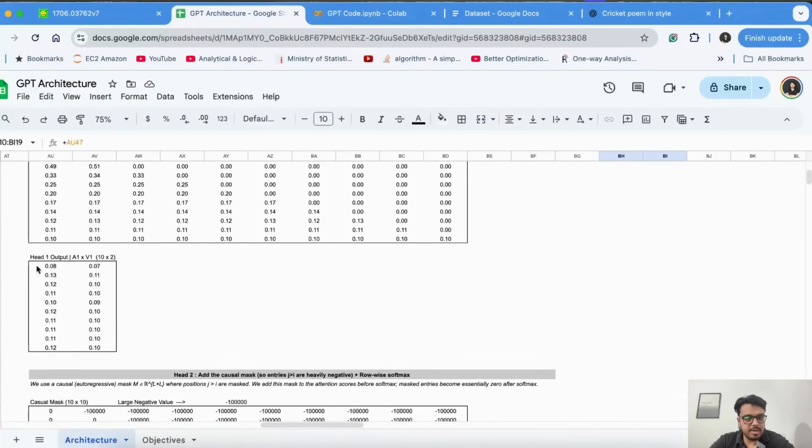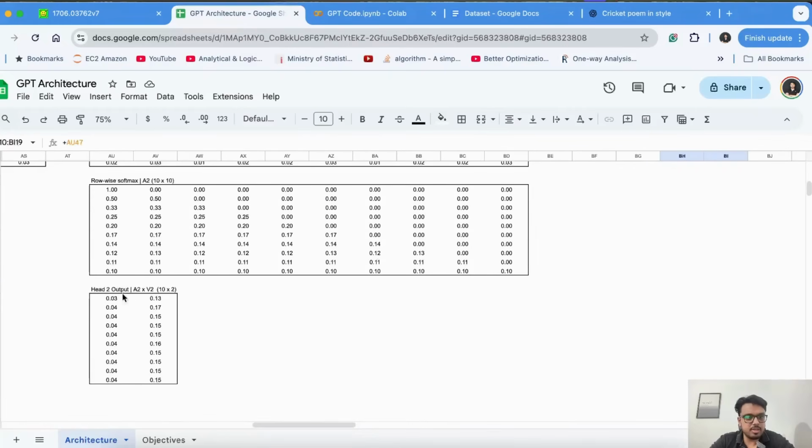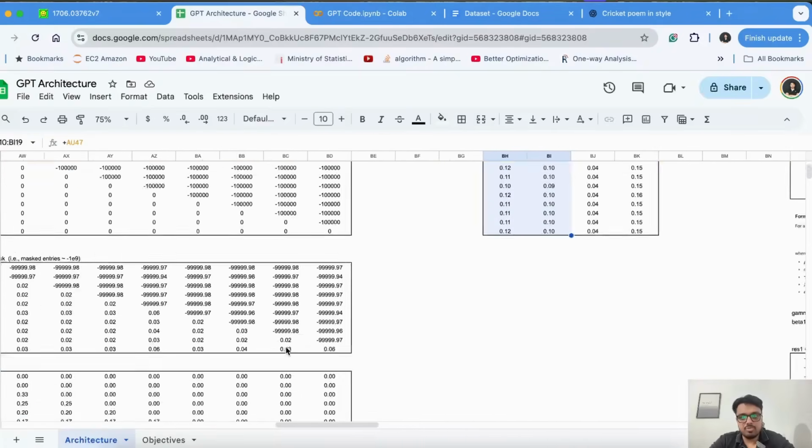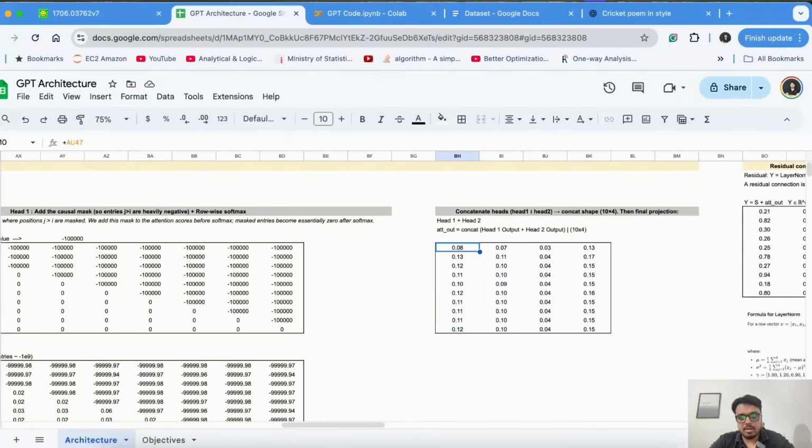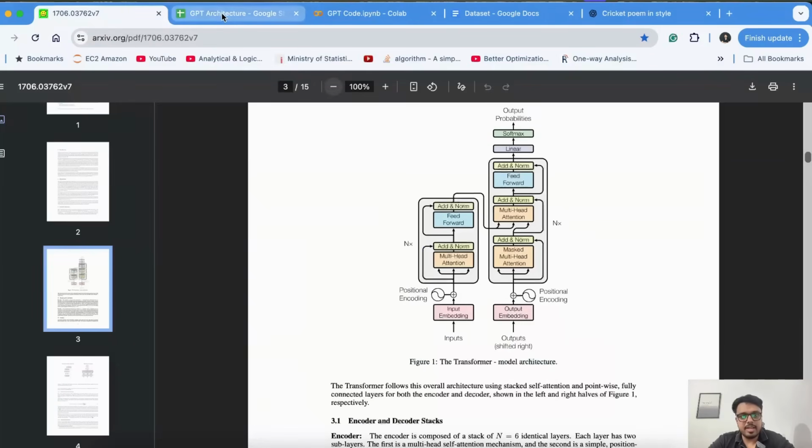So this matrix concatenated with this matrix is what we get over here. And this again becomes a matrix of dimensions 10 cross 4. Okay. So this entire thing in a nutshell explains what happens inside masked multi-head attention.